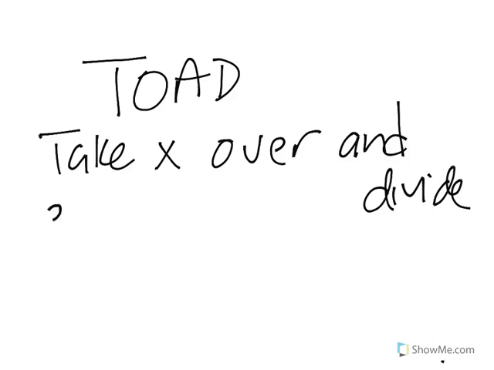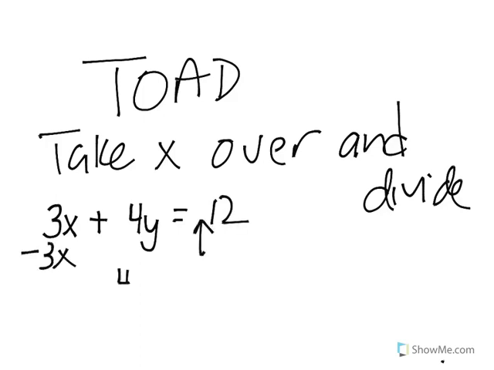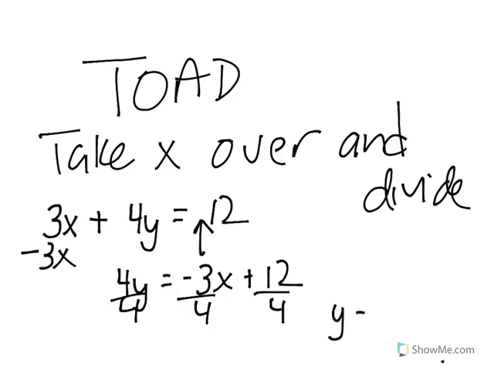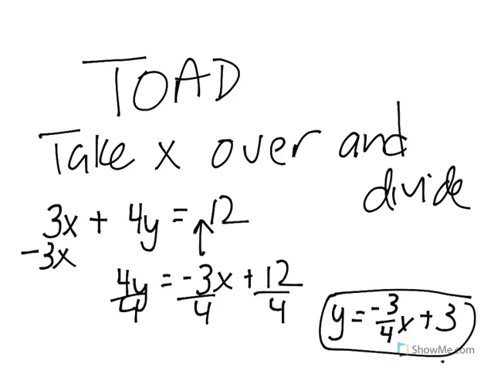So like if I had 3x plus 4y equals 12, when I take the x over, I'm always going to put it in front of there. So I get 4y equals -3x plus 12, and now I'm going to divide everything by 4. So I get y equals -3 over 4x plus 3. So tuck it in front of the number that's right there.